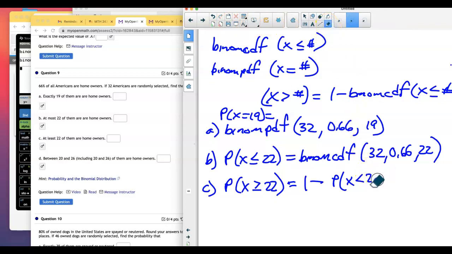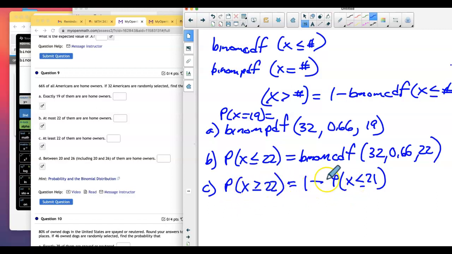That means it has to include all the values. So if we're greater than or equal to 22, we're counting 22, 23, 24. So we want to be less than or equal to 21 for the complement. This counts up 0, 1, 2, 3, 4, all the way up to 21, and then this one counts from 22 up, 22, 23, 24, 25, all the way to 32.